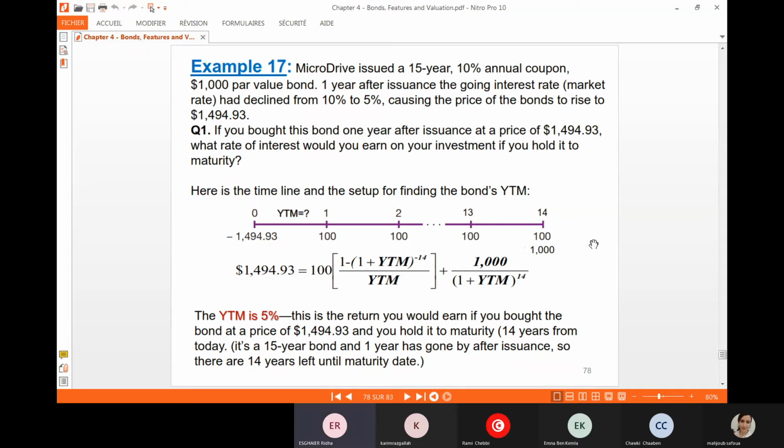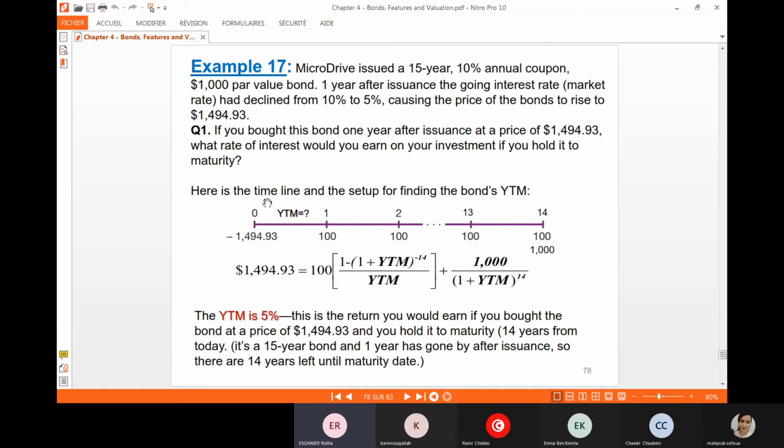If you bought this bond 1 year after issuance at a price of $1,494.93, what rate of interest would you earn on your investment if you hold it to maturity? Of course, guys, if you buy the bond at this price, you receive the old interest, the coupon rate, which never changes, 10% annually until the maturity date.